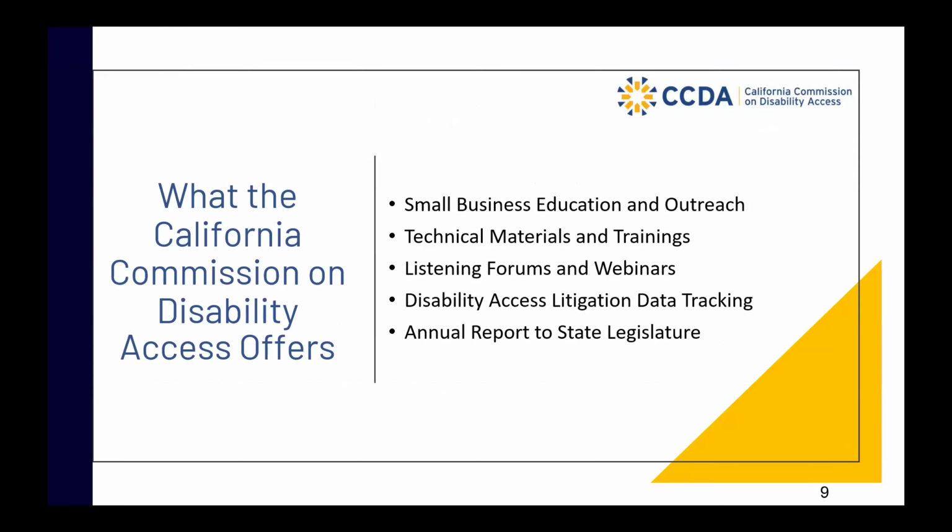Thank you, Jan. Now we're going to talk about what each of our organizations are all about. I'm April Dawson-Rawlings, as I mentioned earlier, and I have the pleasure of being the executive officer of the California Commission on Disability Access.